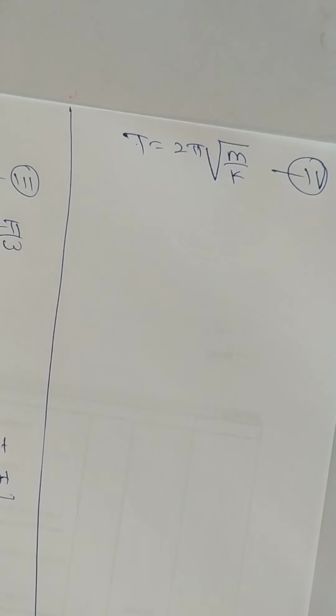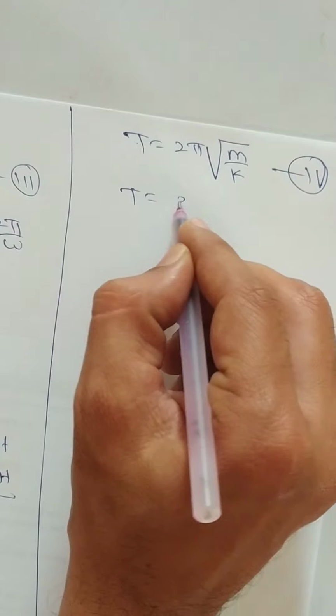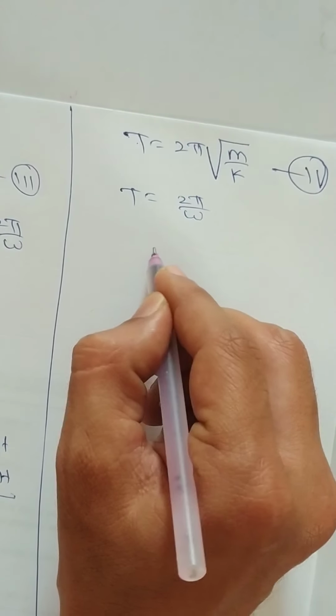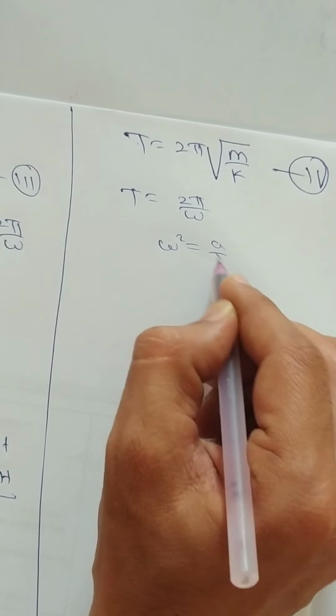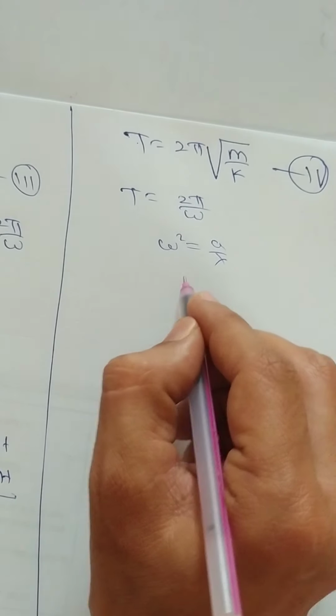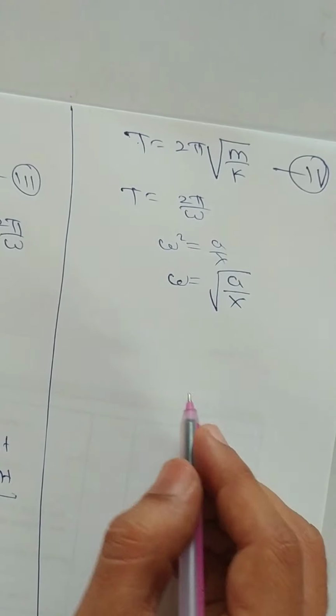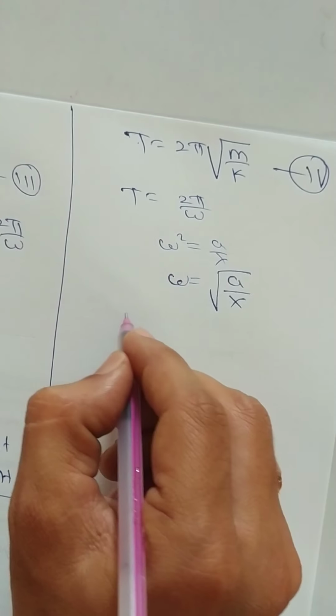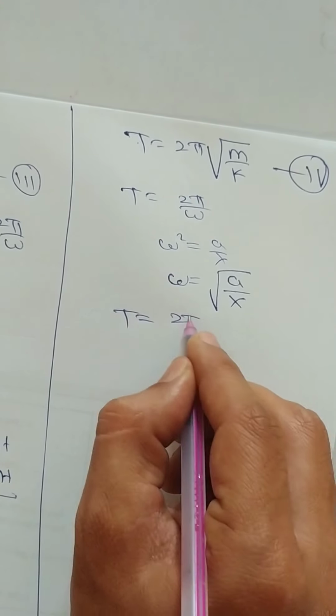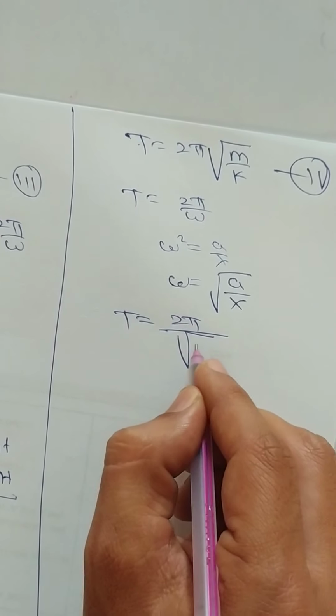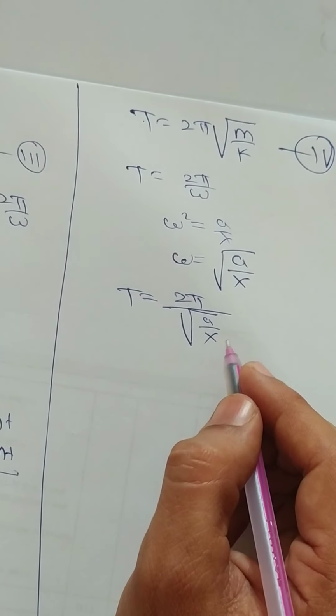Again, you can calculate this equation for acceleration also. I will write that T is equal to 2 pi upon omega. Omega square is equal to a upon x, so omega is equal to under root a upon x. If you put this value here, T is equal to 2 pi upon under root a upon x.